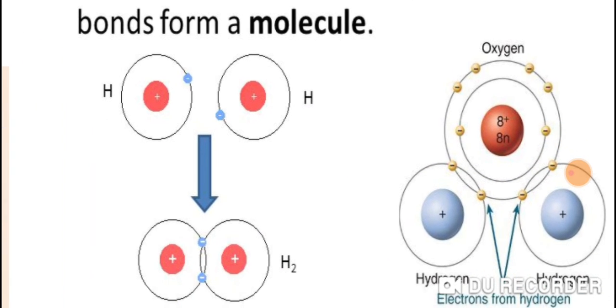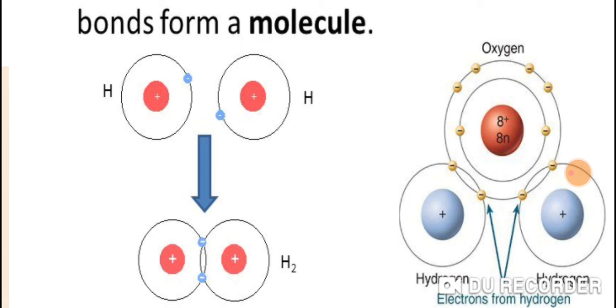So, two hydrogen atoms. I want to make it clear to you all how it happens. If we have two hydrogen atoms, each has one electron in its outermost shell. So we know that the first shell is known as the K shell, and the K shell requires two electrons to complete its first shell. So what will happen?